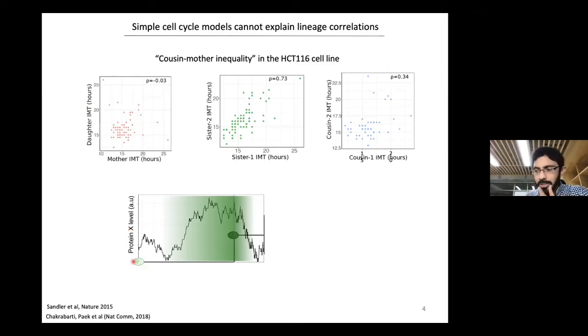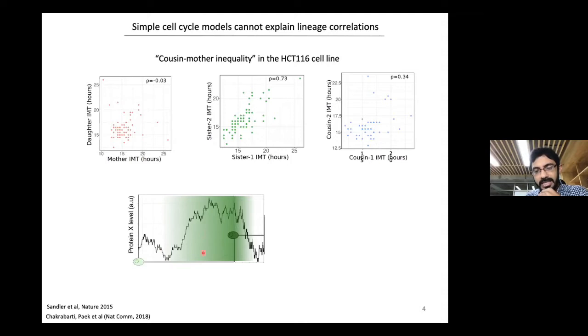So let's say the cell is born with low amounts of this protein, which is denoted by this black line here, and that results in a longer lifetime for this particular cell, okay? But over the course of this lifetime, just because of random fluctuations in the protein levels due to stochastic production and degradation, let's say the level of that protein rises to some higher value. That's shown over here.